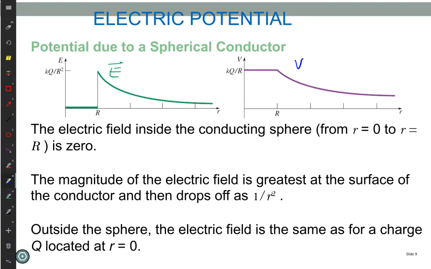What's the one thing that looks significantly different? The first part. Okay, the first part. The electric field inside is 0. But if the electric field inside is 0, what does that tell you about the electric potential as you move around?